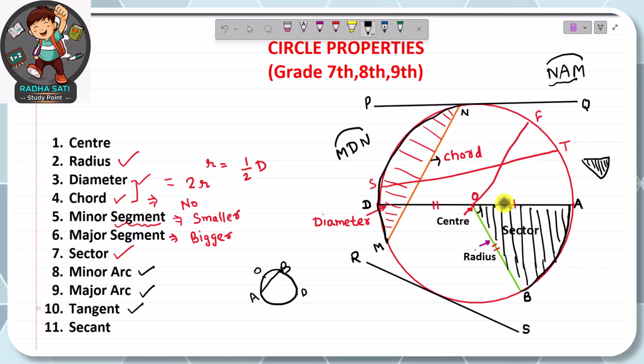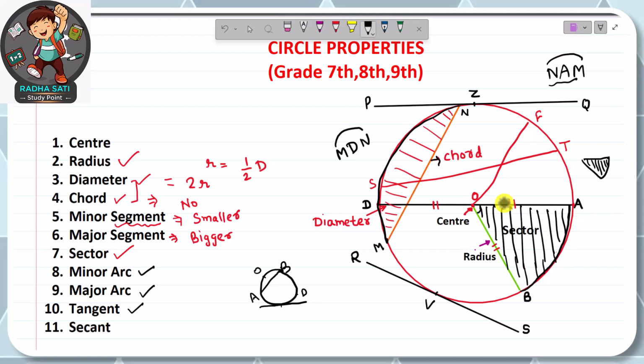Now, come to the next point, that is tangent. It is a very important point. Tangent means a line segment which just touches the boundary of a circle at one point. As you can see in this given figure, PQ is a tangent. PQ is touching this circle at only one single point. Let's name it Z. Similarly, RS is a line segment which is touching the circle again at a single point, let's name it V. So PQ and RS are tangents.